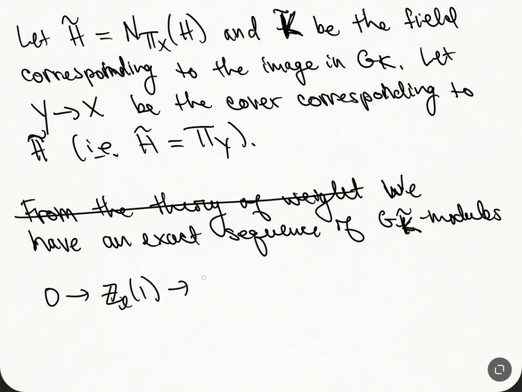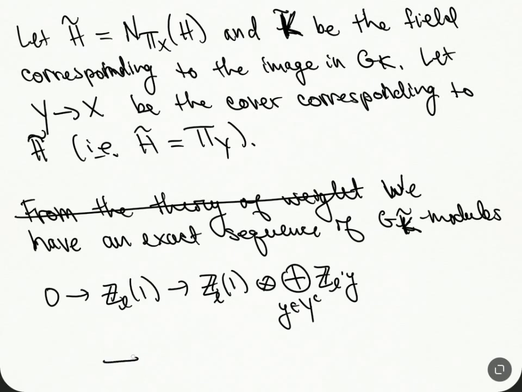And this just follows from the inertia sequence. Okay, so this is a global thing. So here is the cusps. This is the free group generated on the cusps.